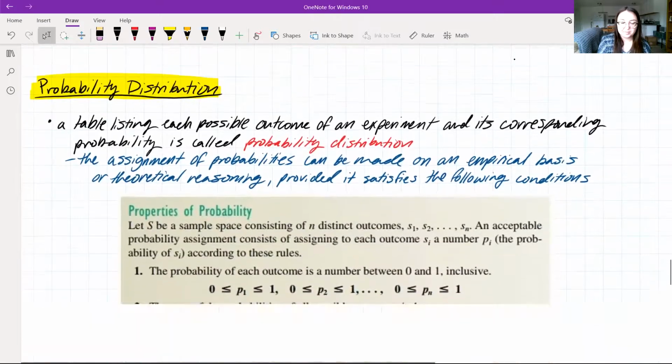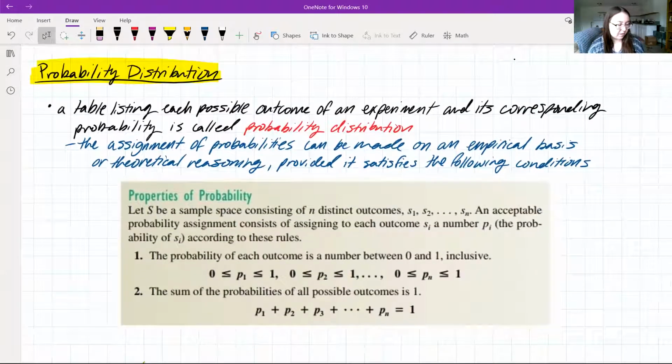All right. So on our next part here, we have probability distribution. A table listing each possible outcome of an experiment and its corresponding probability is called a probability distribution. The assignment of probabilities can be made on an empirical basis or theoretical reasoning, provided it satisfies the following conditions.